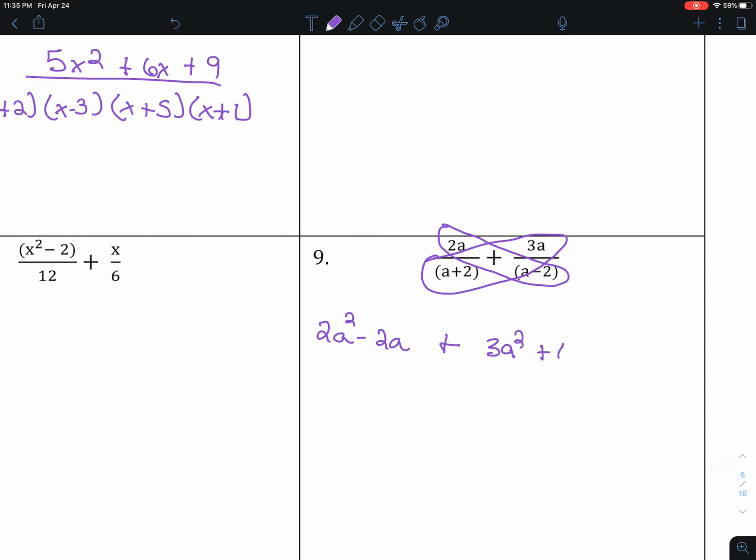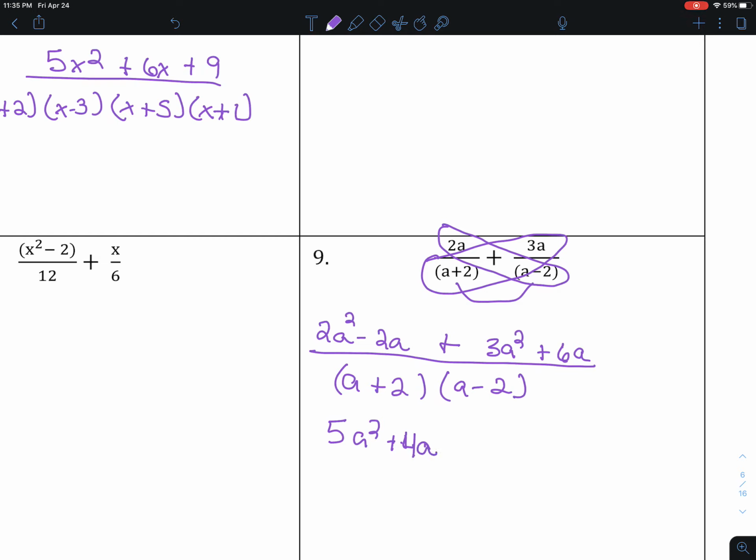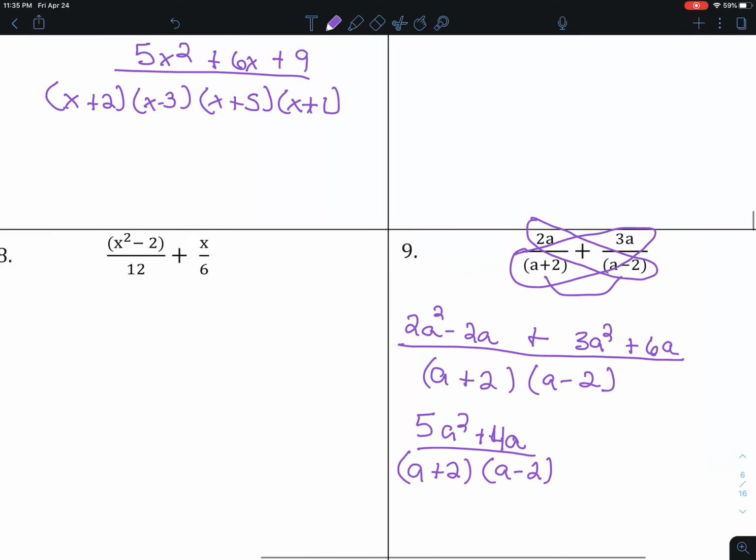I get 3a squared plus 6a. All over, multiplying the denominators together, I get a plus 2, a minus 2. So combining like terms, I get 5a squared plus 4a, all over a plus 2, a minus 2, okay?